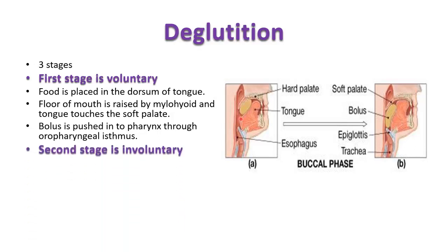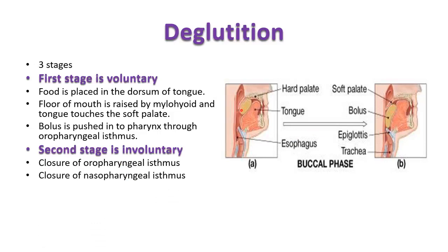Now the second stage is involuntary: closure of the oropharyngeal isthmus, so that has to be closed. Closure of the nasopharyngeal isthmus and also closure of the laryngeal inlet. Because the nasopharyngeal isthmus is closed, it prevents regurgitation into it. The oropharyngeal isthmus is closed by the palatoglossal arch and the soft palate.